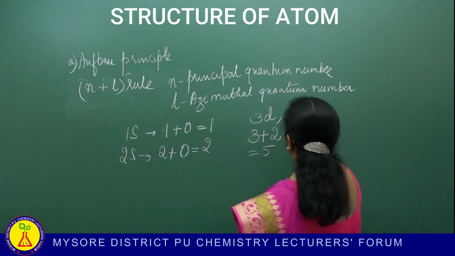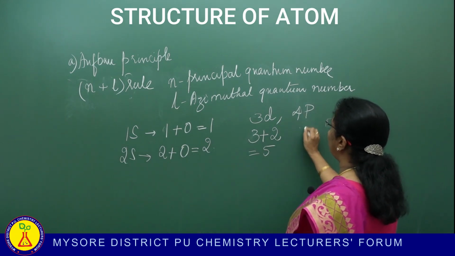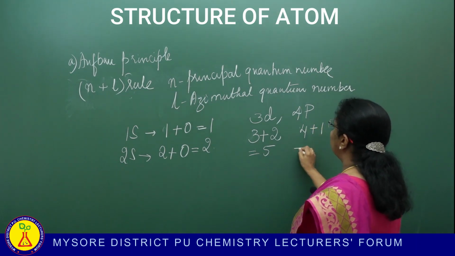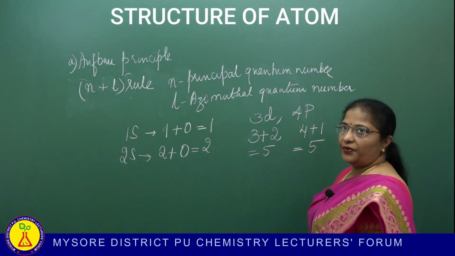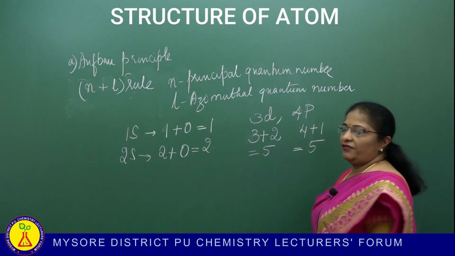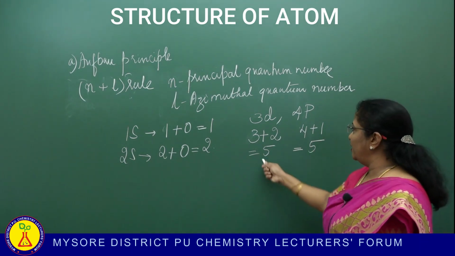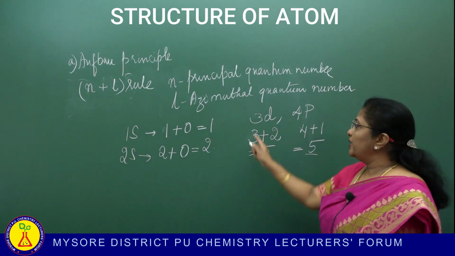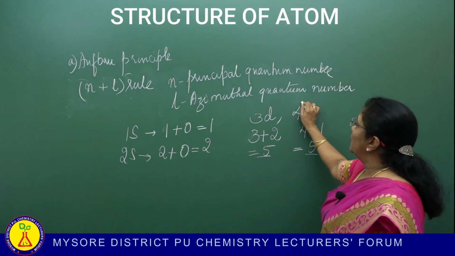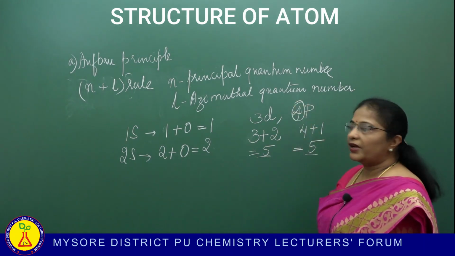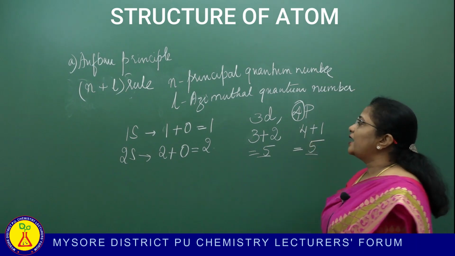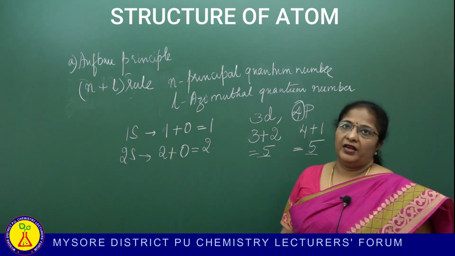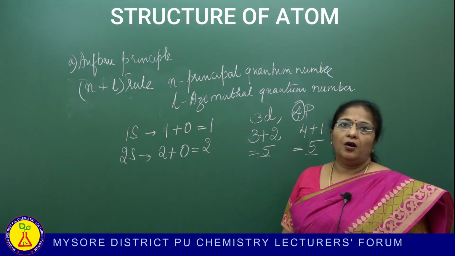For the 4p orbital, n is equal to 4 and L is equal to 1, so this is also equal to 5. So how are we going to decide which has a higher energy level, because the value of n plus L is the same? Out of these two orbitals, 4p has a larger value of n, hence it has a higher energy level as compared to the 3d orbital here.